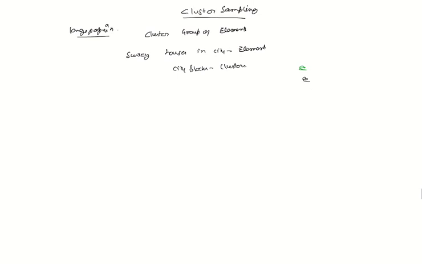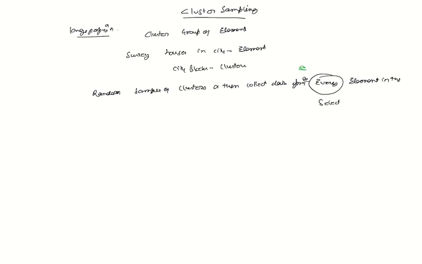So in this, we first select a random sample of clusters and then collect data from every, and this is important, from every element in the selected cluster. So sampling units here are clusters.